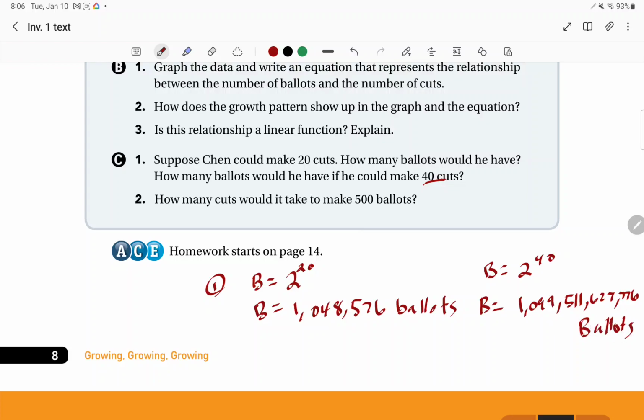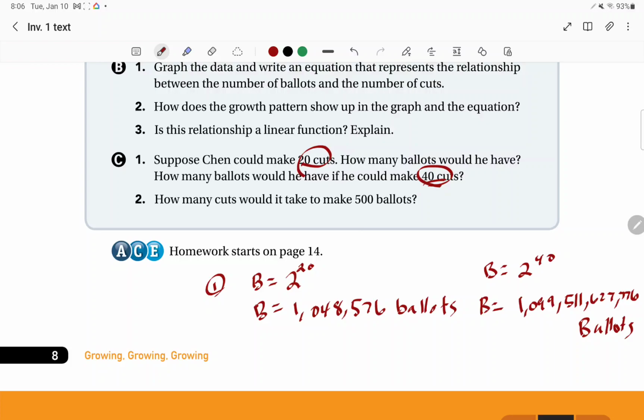You notice, even though we doubled the number of cuts, that doesn't just double the number of ballots, because if it did, we'd have about 2 million, but instead we have 1 trillion. So exponents are extremely powerful, which is why that's how they describe Superman's power compared to ours.